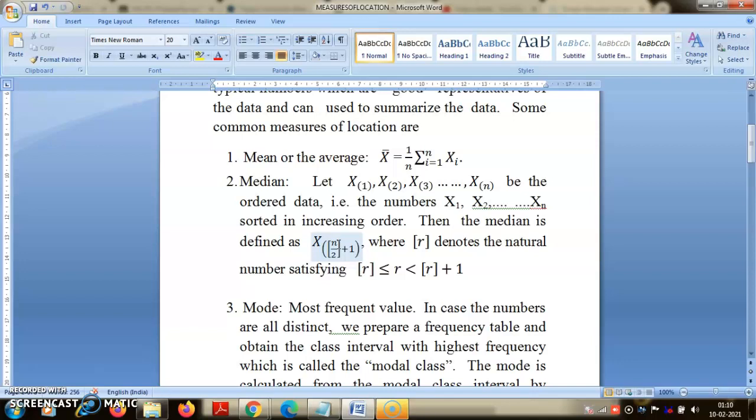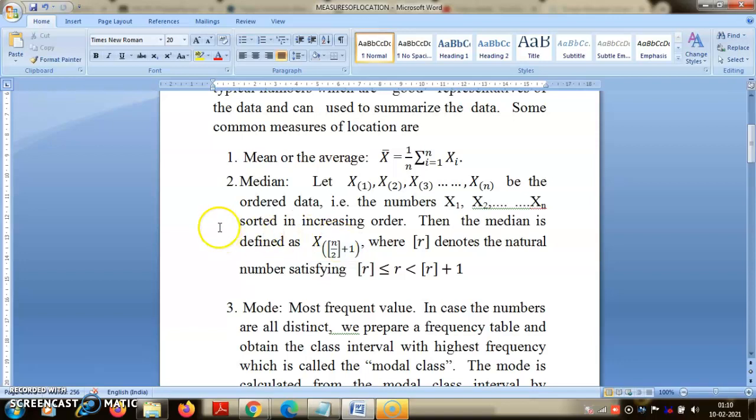Similarly, if n is 15, then n by 2 is 7.5. So take the natural number just smaller than 7.5, so 7, and so 7 plus 1, 8. So the 8th number when sorted in increasing order will be the median.